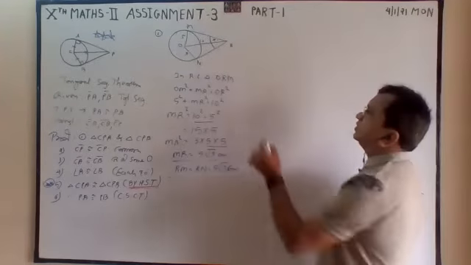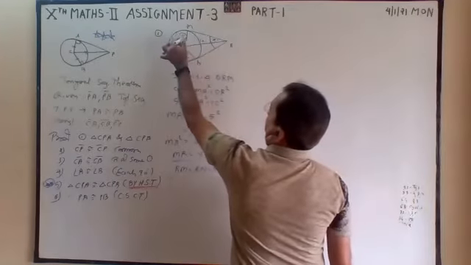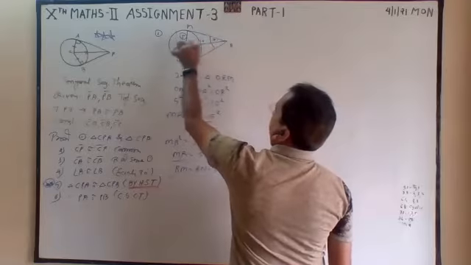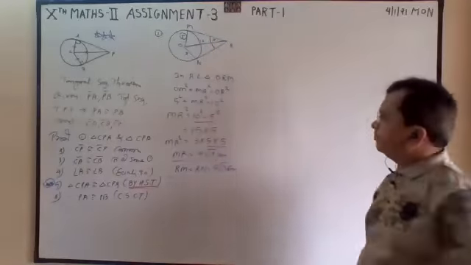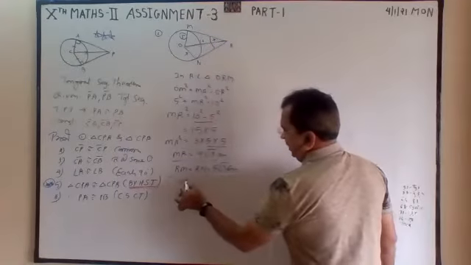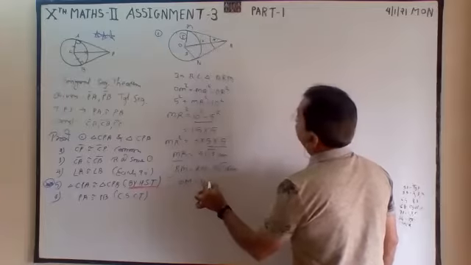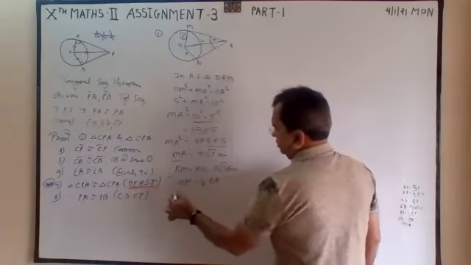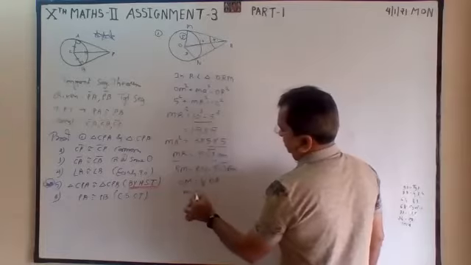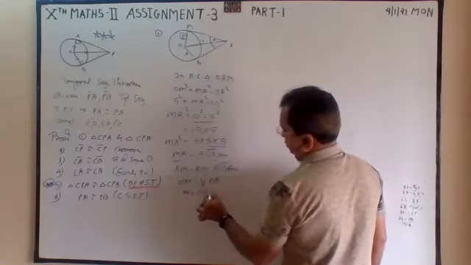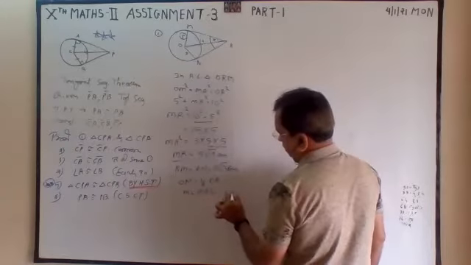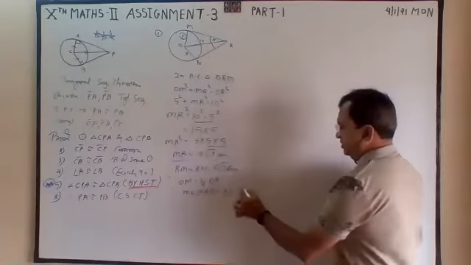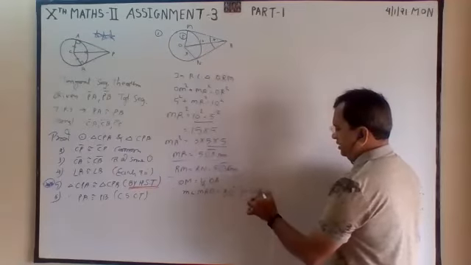Now opposite to the angle is half of the hypotenuse. You can write OM is equal to half of OR. Therefore, measure angle MRO is equal to 30 degree. 30, 60, 90.